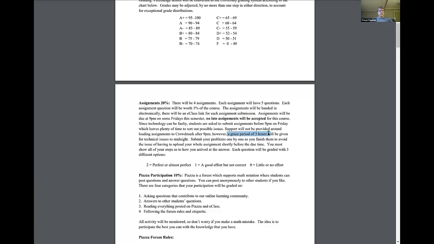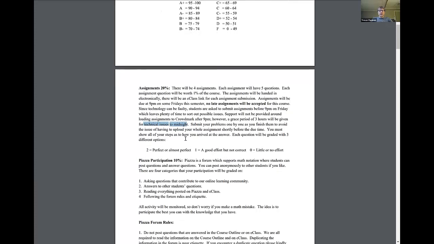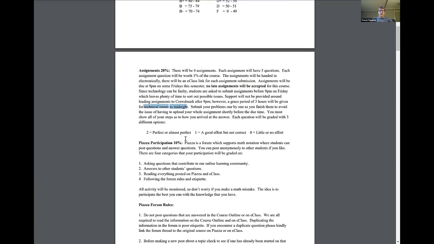So the technical due date is midnight, but if you want to use that grace period, you use it at your own risk, because it gets very difficult for me to try to sort out everyone's issues right before the due time. So that 3 hour bubble is to use at your own risk for technical issues. So try to solve all technical issues before 9 p.m. and I'll support you through that.